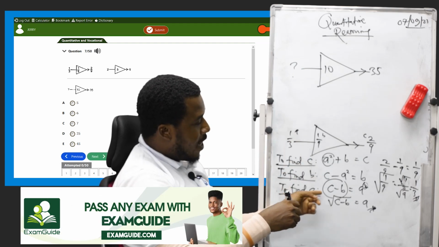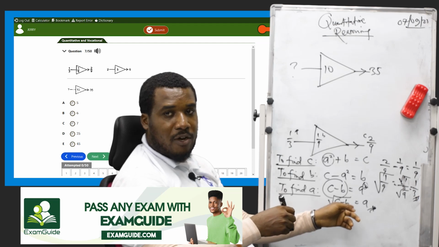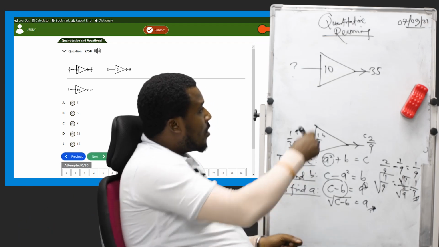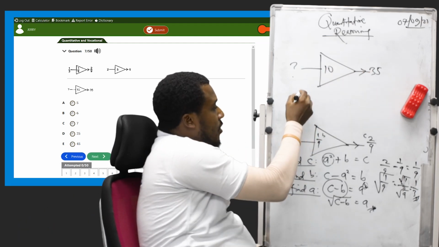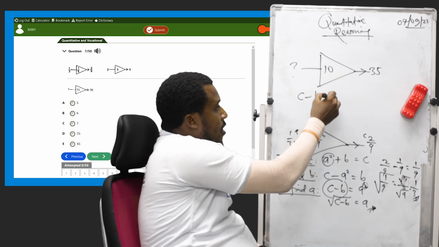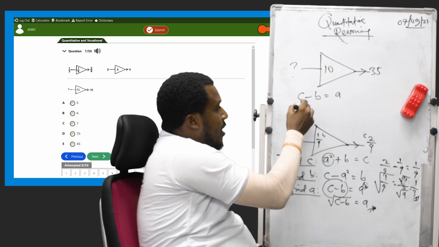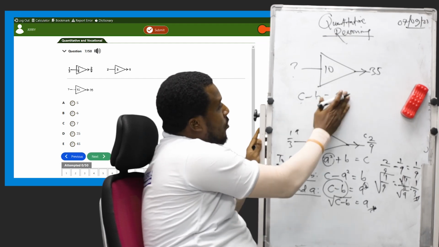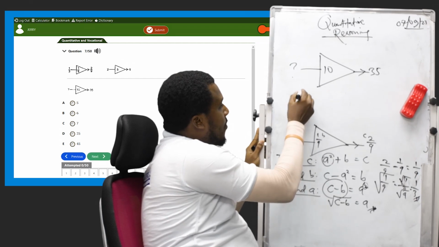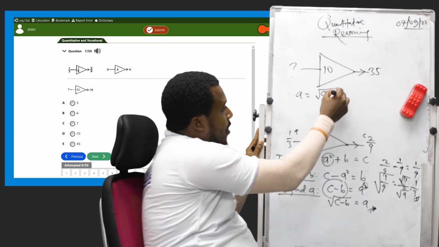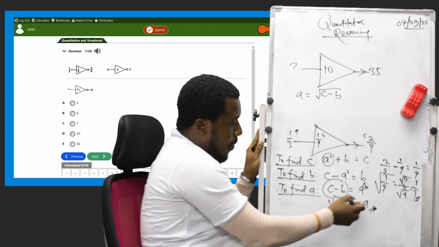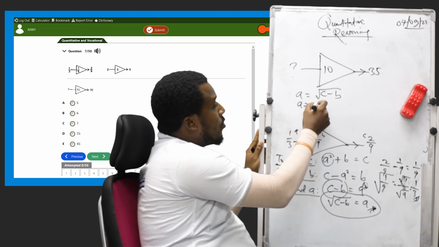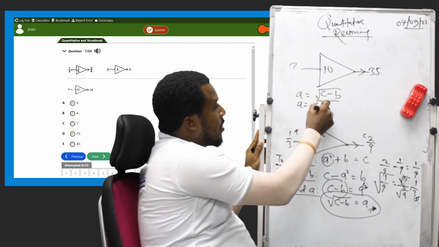We can use this formula here, where we say this minus this, or C minus B equal to A square. So A is equal to the square root of C minus B. C here is 35.